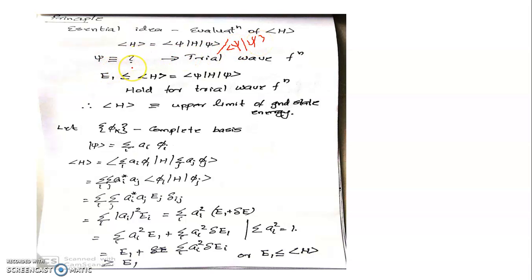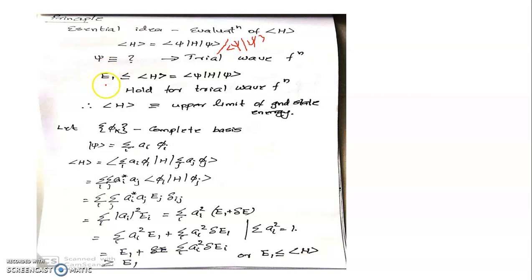Then what about ψ? I have told you that this is applicable in the case of problems where you have no knowledge about the wave functions. It is a trial wave function, a wave function that we assume following some educated guess or some genuine guess about the physical intuitions of the problem. So that is the nature of ψ.